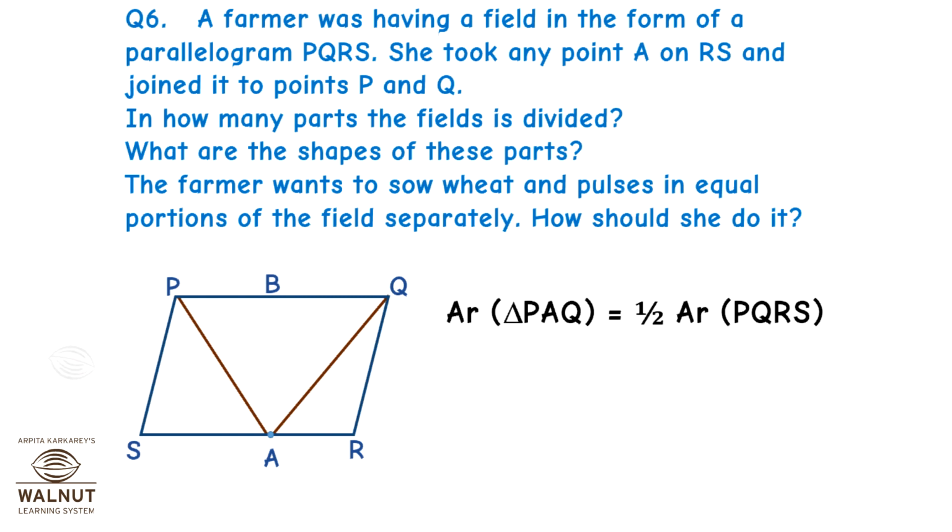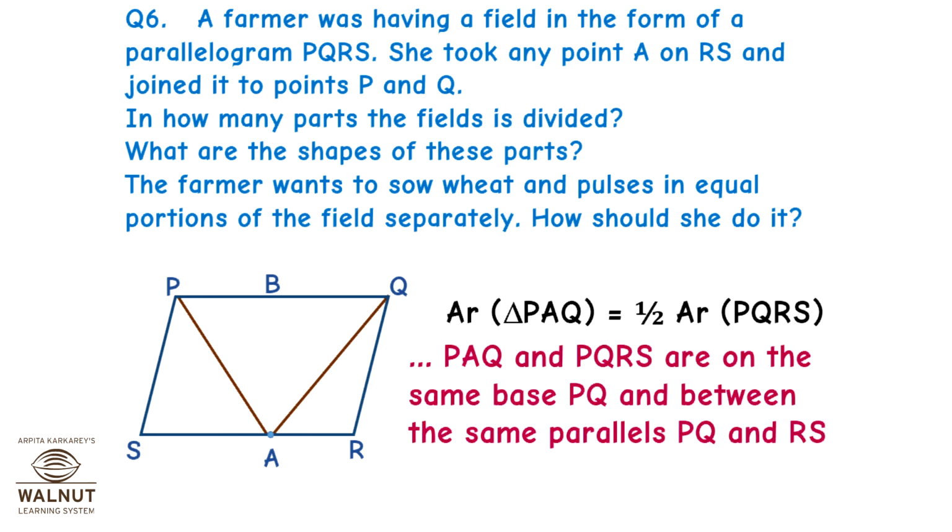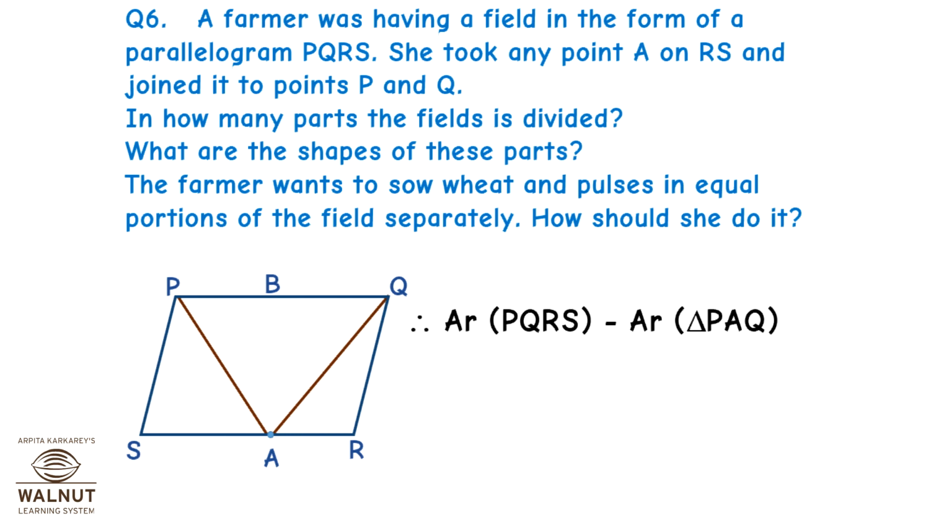Area of triangle PAQ is equal to half of area of PQRS. PAQ and PQRS are on the same base PQ and between the same parallels PQ and RS. Therefore, area of PQRS minus area of triangle PAQ is equal to area of PQRS minus half of area PQRS.